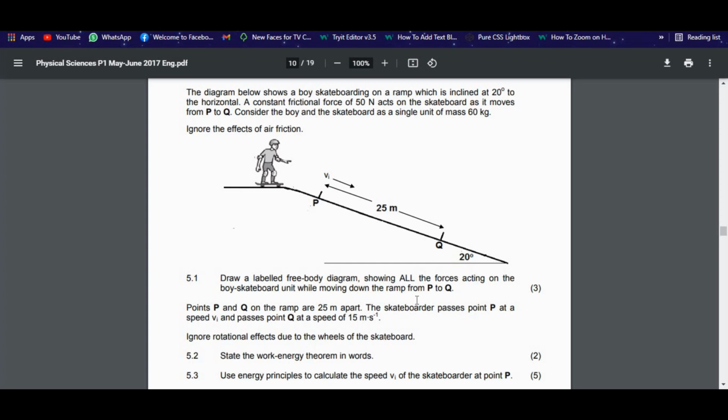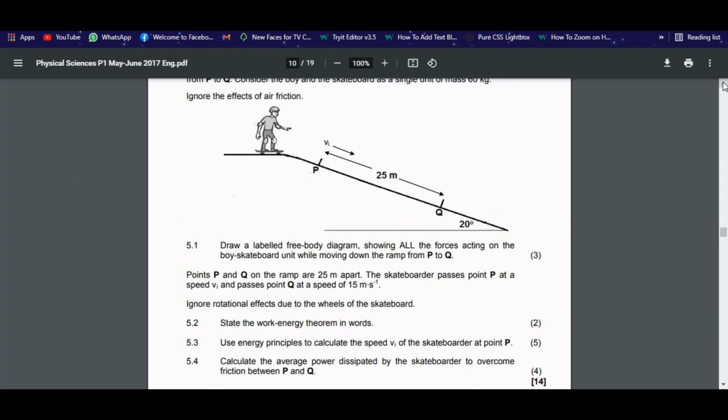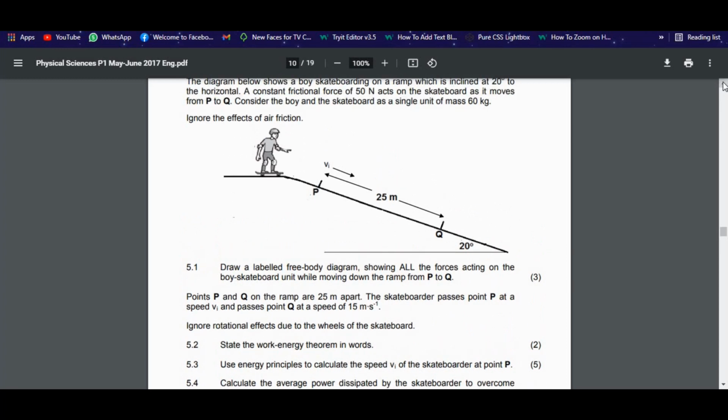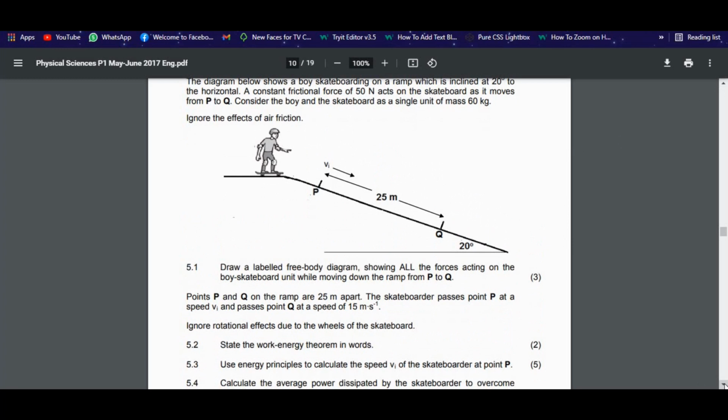At about 1:15 I'll check in, and just before 20 past we'll have a look at the question, because we still have 5.4, which is calculate average power dissipated, but we'll take time to do that. We'll first focus on 5.1 to 5.3, and then we'll do 5.4. Okay, let's go.